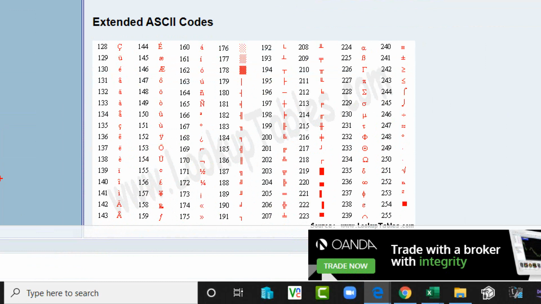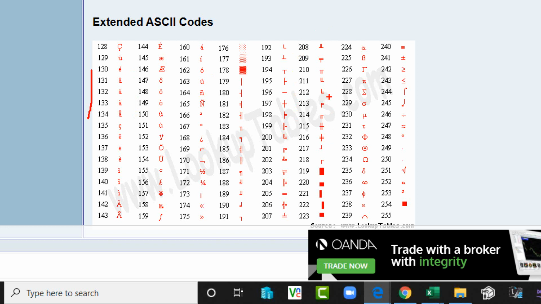Nowadays, and this became pretty much the standard, was the PC one. Notice it's got accents over A's and E's and things like this. It's got some line drawing characters and so on, because it was very common in a text-based system to want to draw boxes around things. So you had these sorts of characters living inside this.